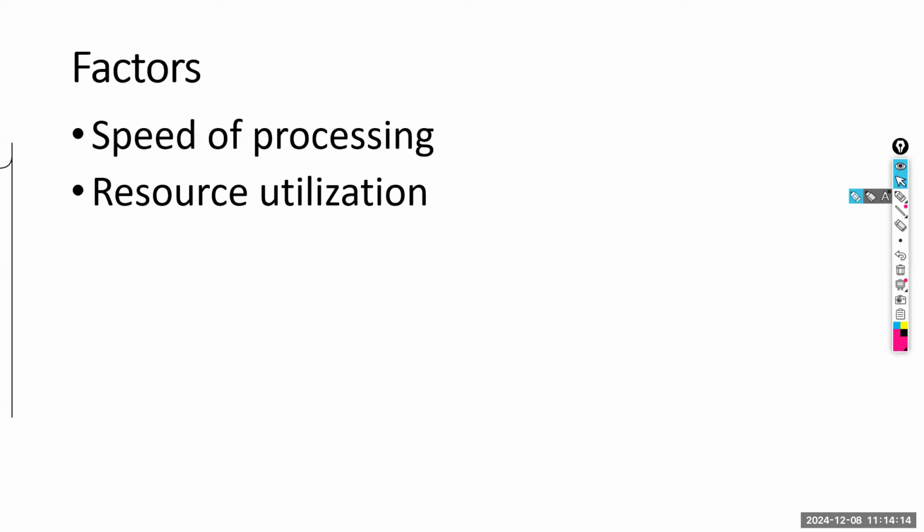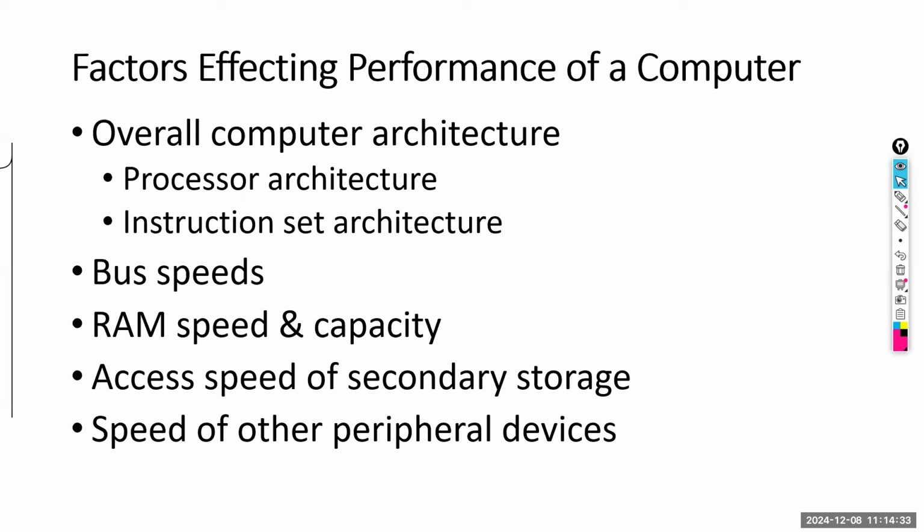Maybe bus speed is less. Okay. So therefore we need a more comprehensive way of measuring the performance of a computer. Yes, processor speed is very important, but how do you measure it? Because performance depends on overall computer architecture, bus speeds, RAM capacity.